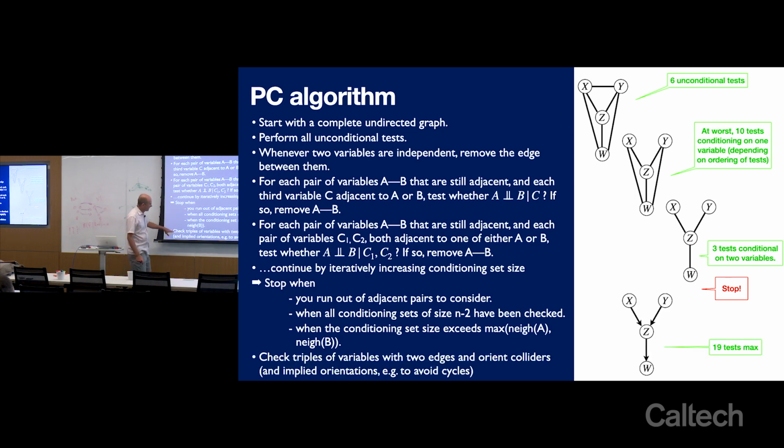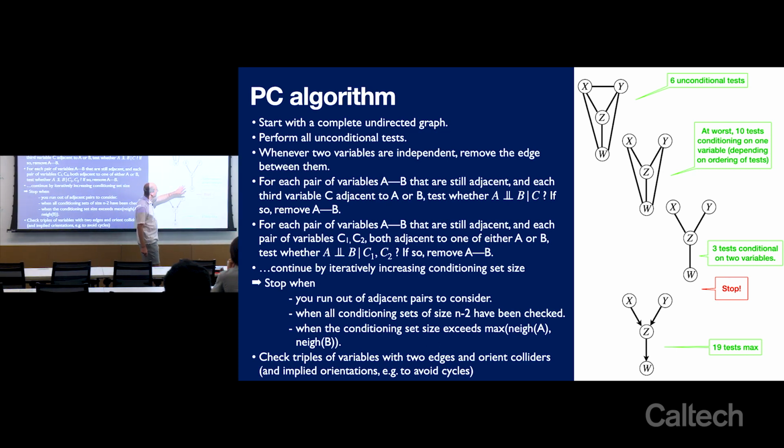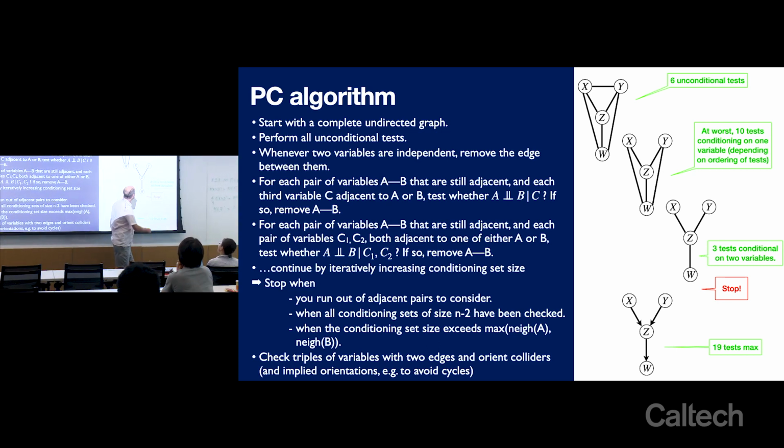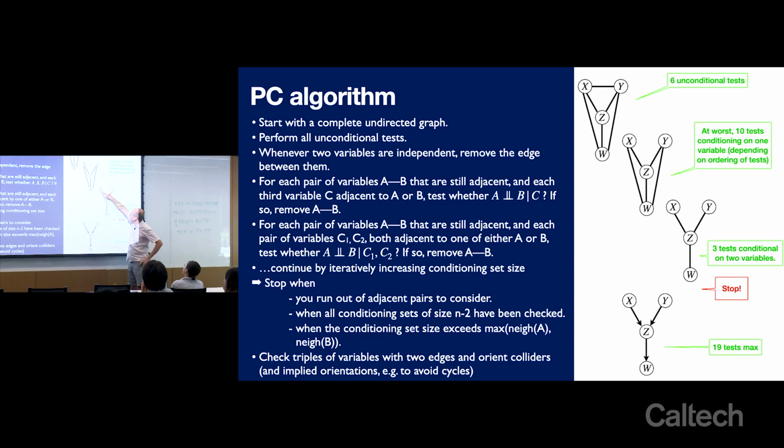And then there's a last step where you now iterate. You look at triples of variables like this, where they have 2 edges. And you ask, are x and y independent of one another? Because if there were a chain from x to z to y, then they wouldn't be independent of one another.